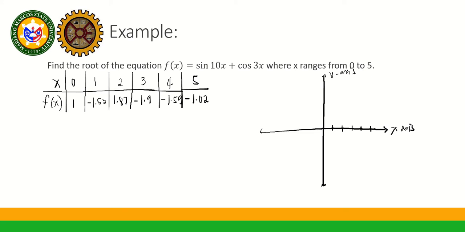Okay, so dapat kapag nag-plot ka, equally divided yung spacing mo dito. Dapat as in na equal siya. Okay, so this will be equal to 0, 1, 2, 3, 4, and 5. Huwag na natin isulat. Masyadong malalaki. Okay? And then for our f of x, dito natin ilalagay kay y. So when x is equal to 0, f of x is equal to 1. So dito siya.